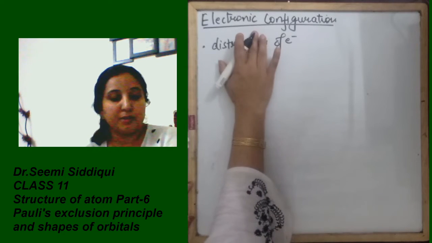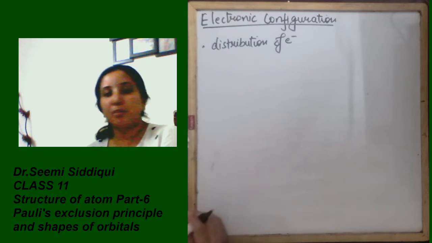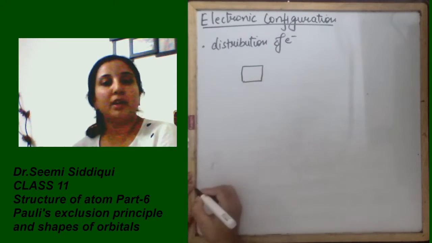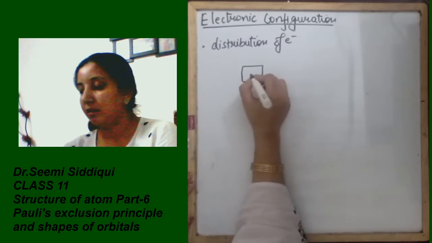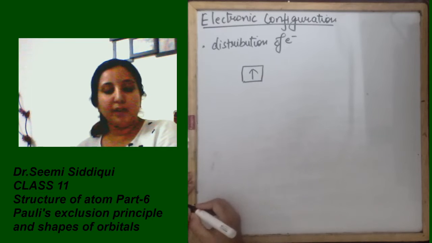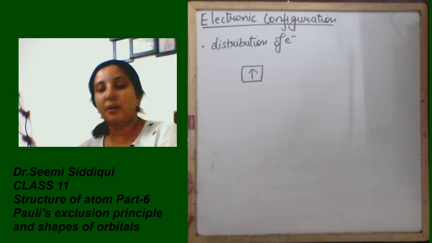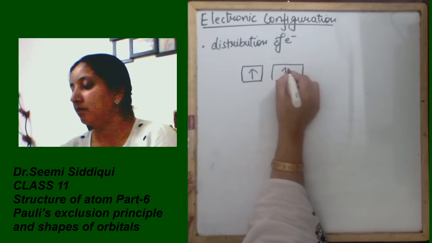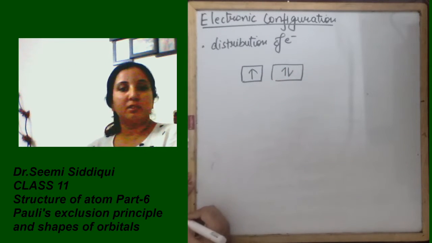Now say suppose we have one electron, so we show that one electron like this. If we have electrons with opposite spins, we make it like this.